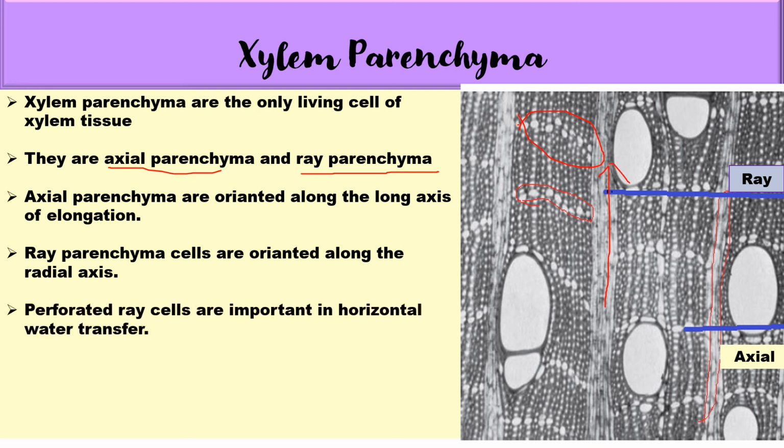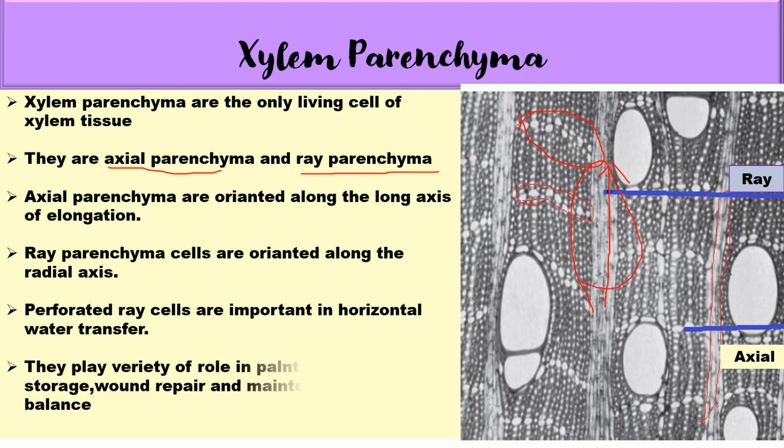Ray parenchyma helps in horizontal transfer of water. Parenchymatous cells are important tissues for storage, wound repair and maintenance of water balance. So if any part of the xylem tissue is lost, it can be repaired by xylem parenchyma.